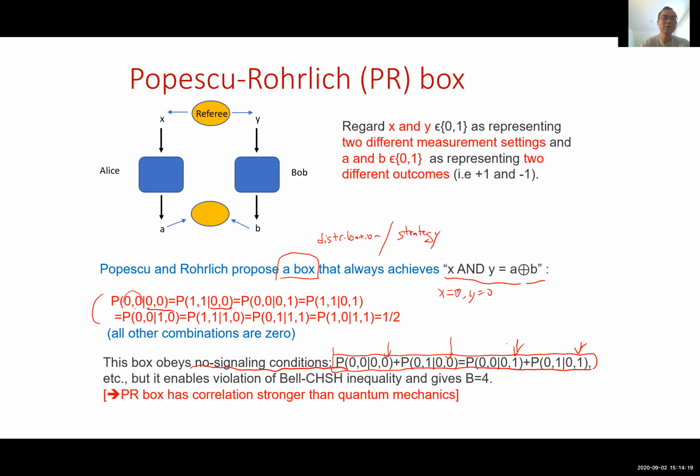Alice outputs 0, Bob outputs 0, or Alice and Bob both output 1. So this means that the binary addition gives me 0. It's the same as multiplication. So I win 100% if x and y are 0 and 0.